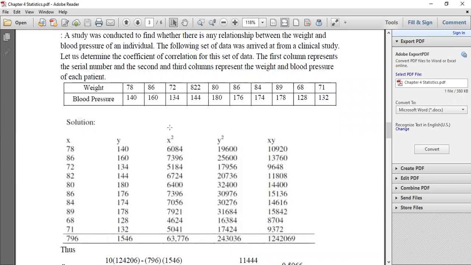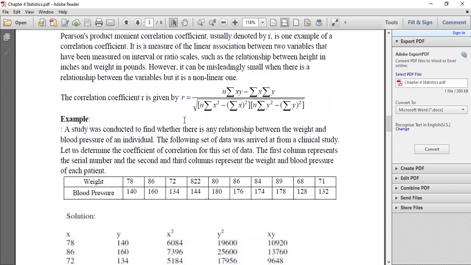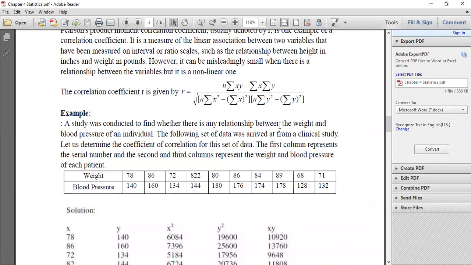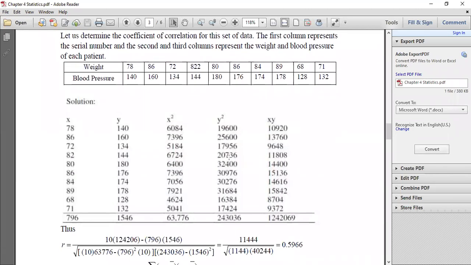With the y variable, then our formula requires us to have all these terms: the summation of xy, summation of x, summation of y. Down here you have summation of x squared. Down here you also have summation of y squared. And so that is what now we populate here. So we have x squared. So we are just taking 78.